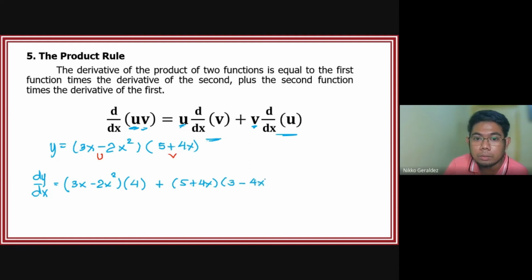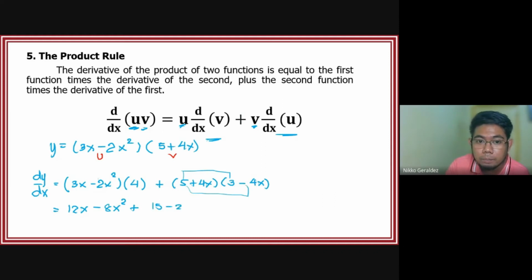Then, multiply. So, 3x minus 2x squared times 4. So, 4 times 3x, 12x, 4 times negative 2x squared, so minus 8x squared. Plus, FOIL method, 5 times 3, so 15. 5 times negative 4x, so negative 20x.